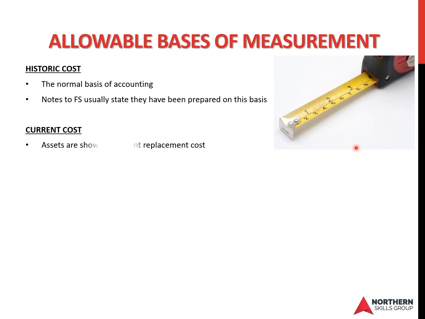Current cost, and it's difficult to remember exactly what these attempt to show. And current cost indicates, as the slide says, that assets are shown at their current replacement cost. That doesn't mean that we're showing the cost of replacing the asset with a brand new equivalent asset.